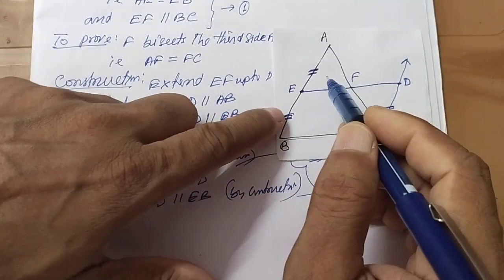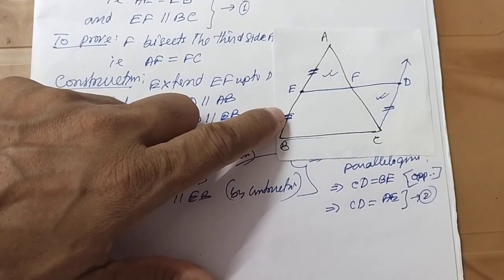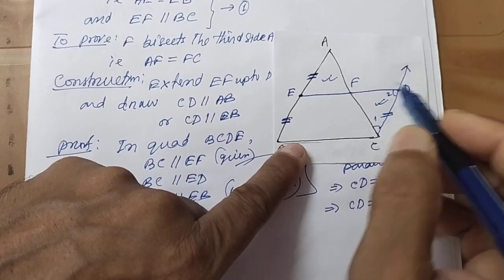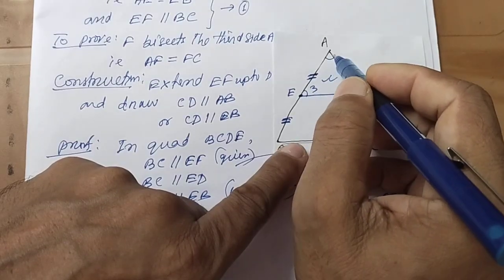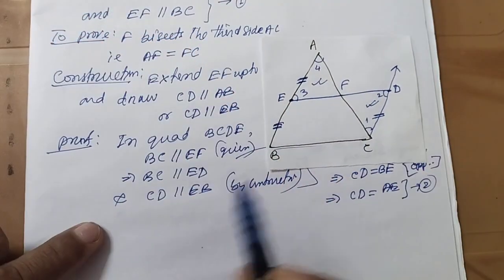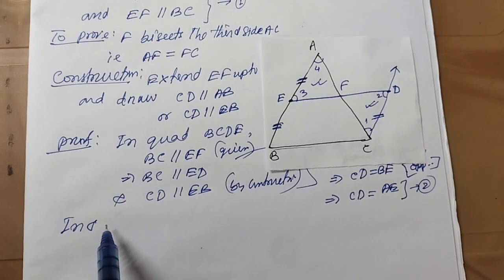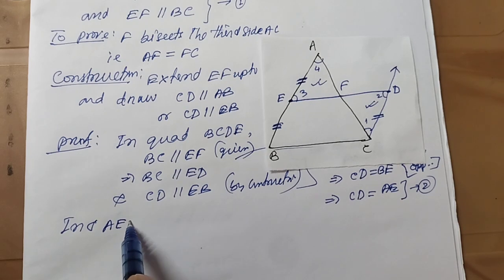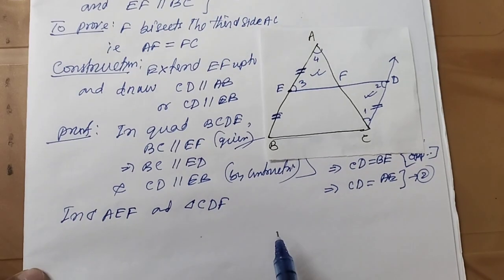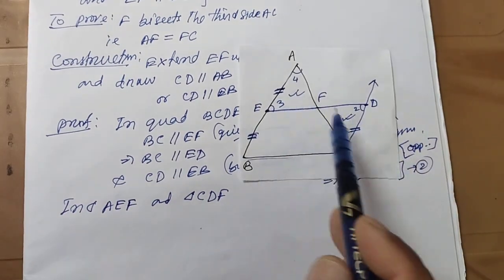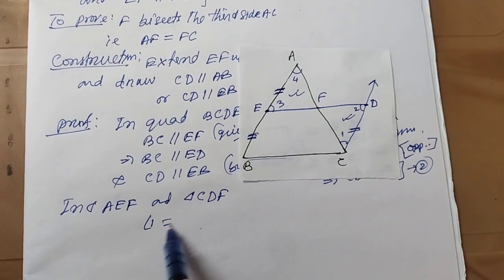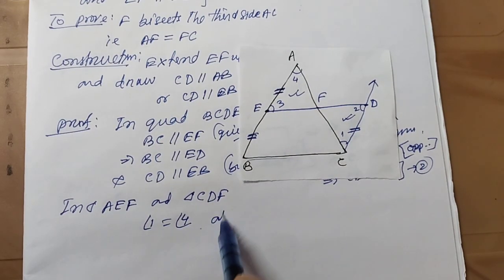Now we will take these two triangles and prove that they are congruent. I'll mark this angle 1, this angle 2, this angle 3, this angle 4. So in triangle AEF and triangle CDF, angle 1 equals angle 4, they are alternate angles.